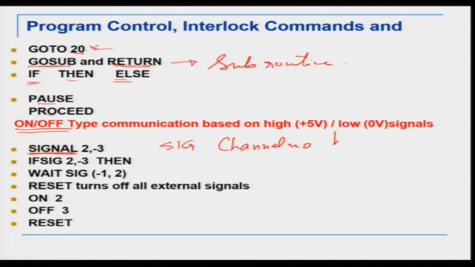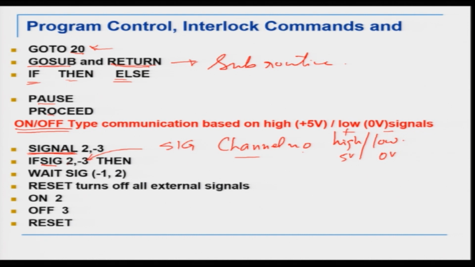So, low means 0 volts, high means 5 volts. So, the basic structure is: sig stands for signal, then channel number. So, 2 is the channel number 2, and plus means high and minus means low. That is the meaning of high and low here.